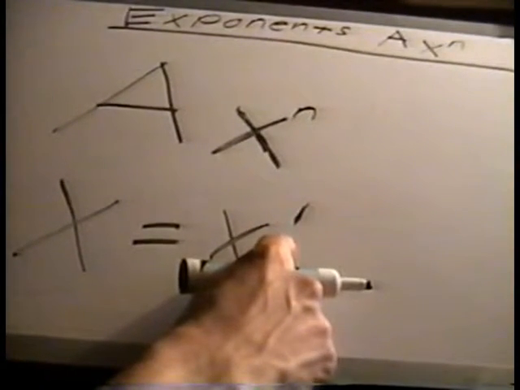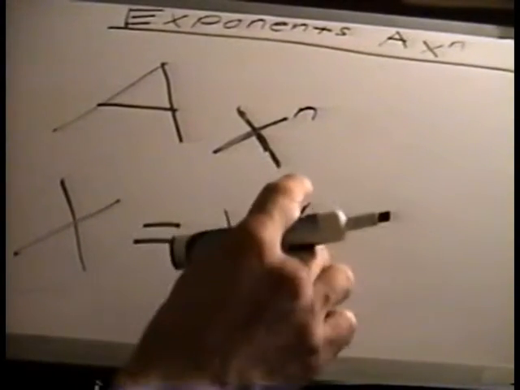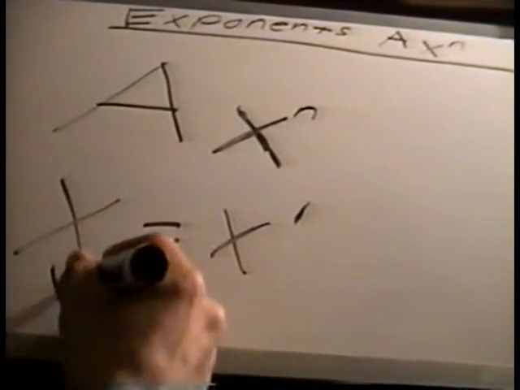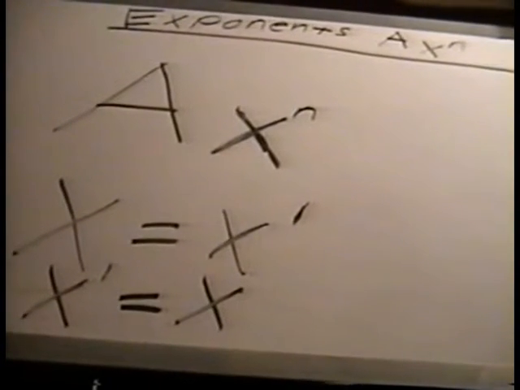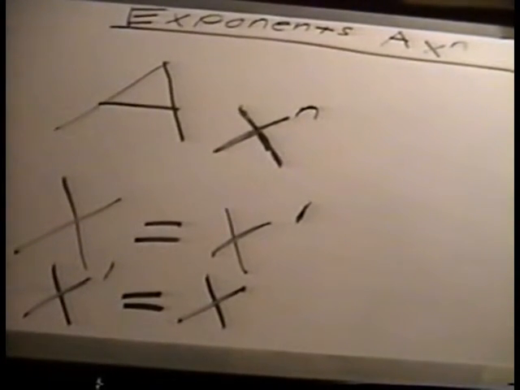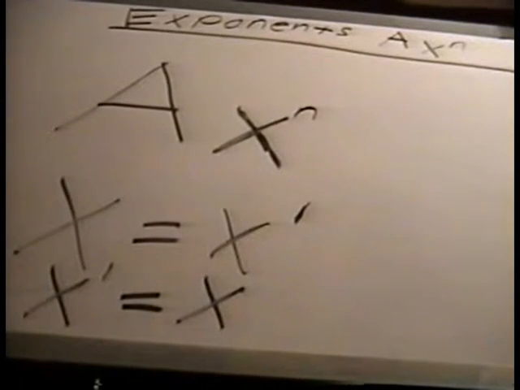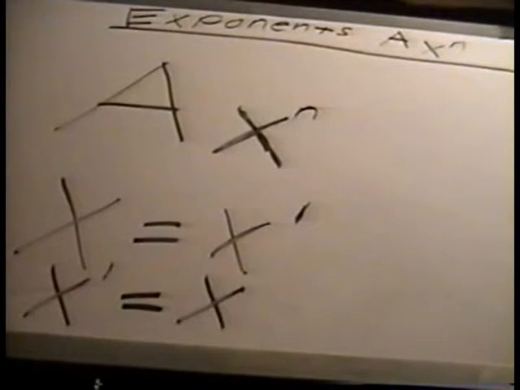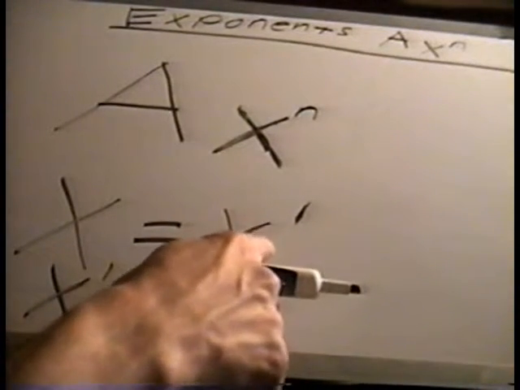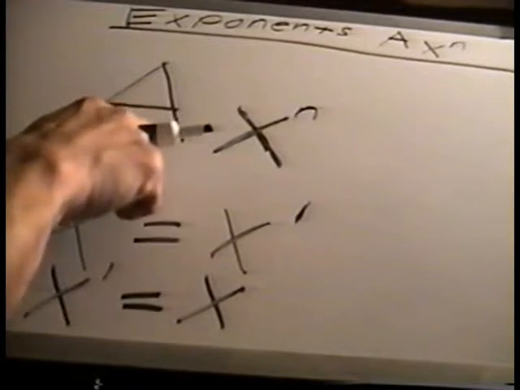But 2x to the power of 0 here is the same as 2. It equals 2, because x to the power of 0 equals 1. Therefore you have 2 by 1, which equals 2.